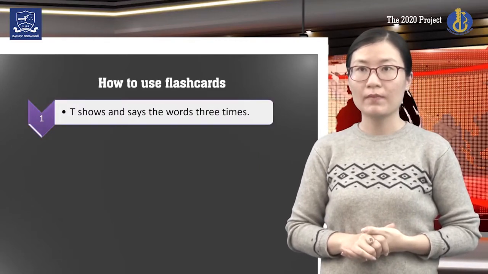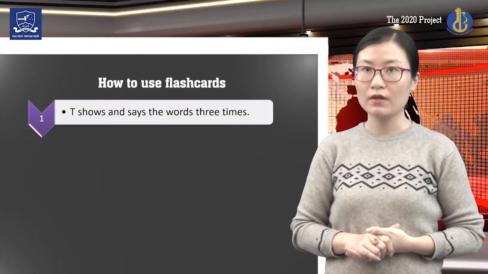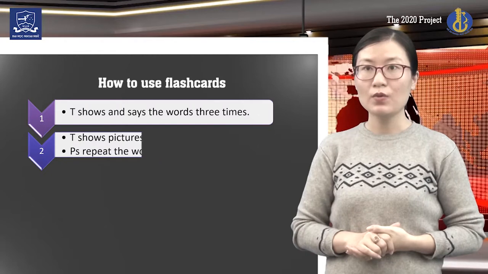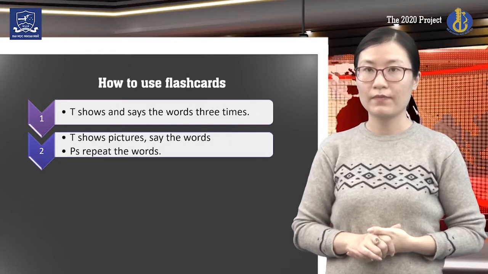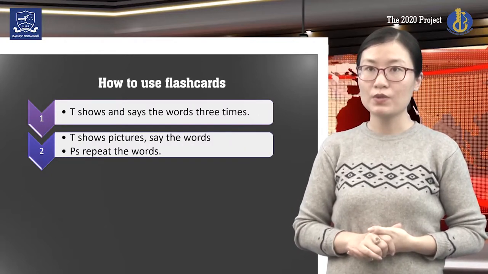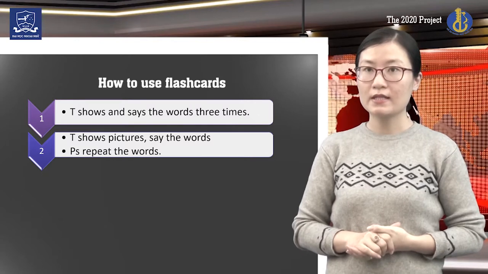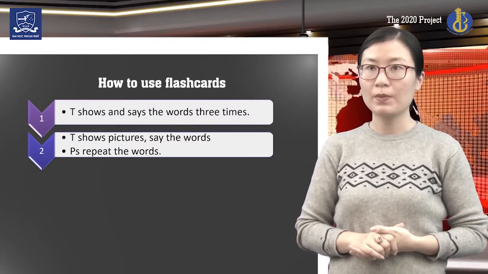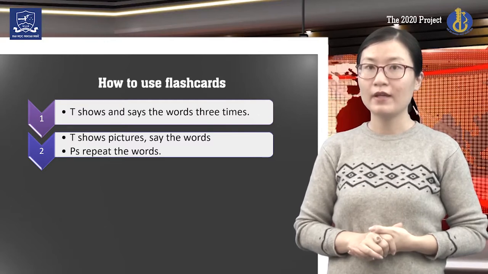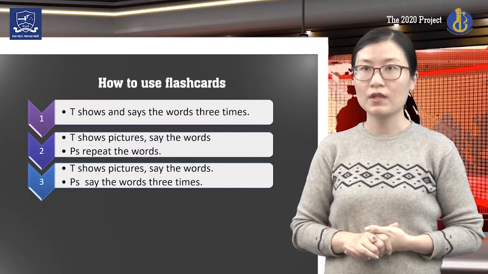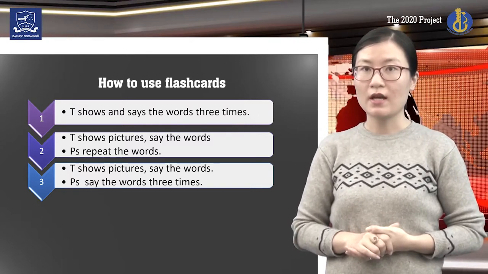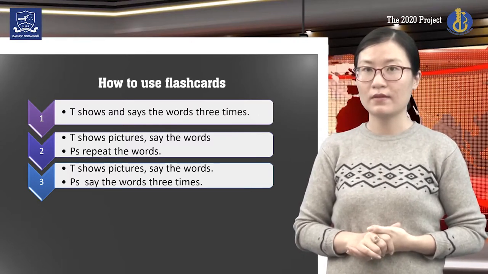To begin with, the teacher shows each picture for the whole class to look at, and then says the words 3 times. After that, the teacher shows each picture, says each word once, and asks the whole class to repeat the words. Next, the teacher shows the pictures, says the words, and pupils say the words 3 times.